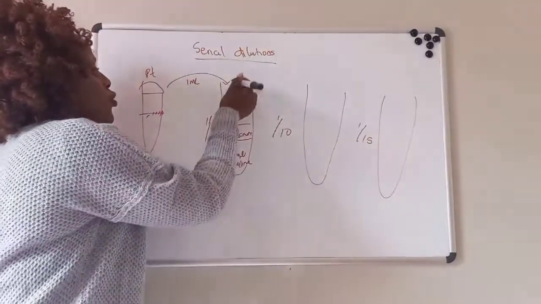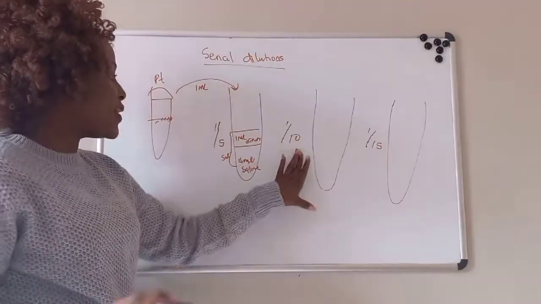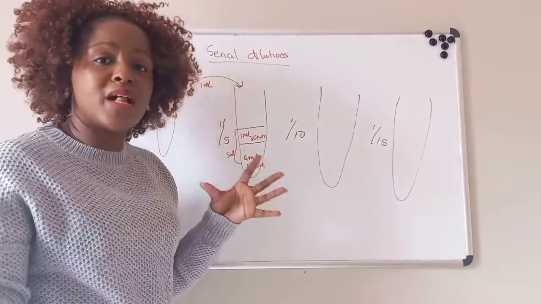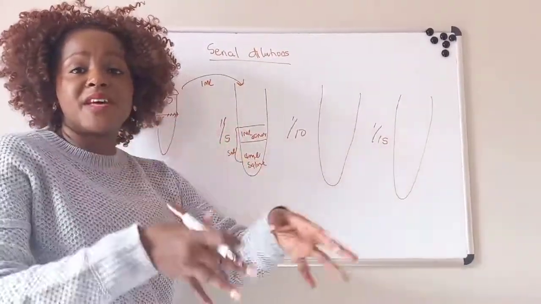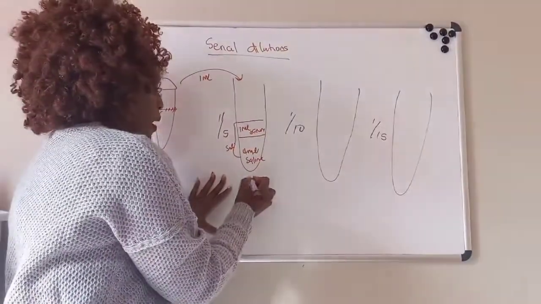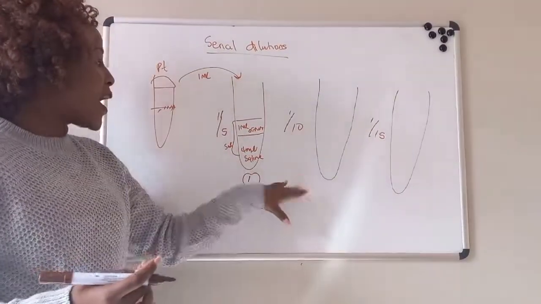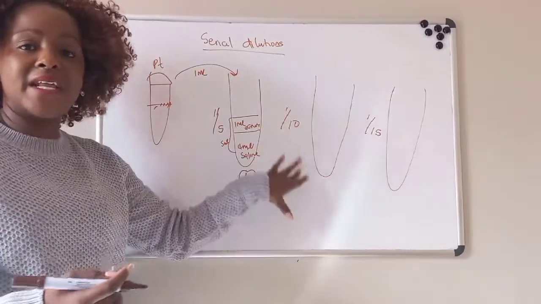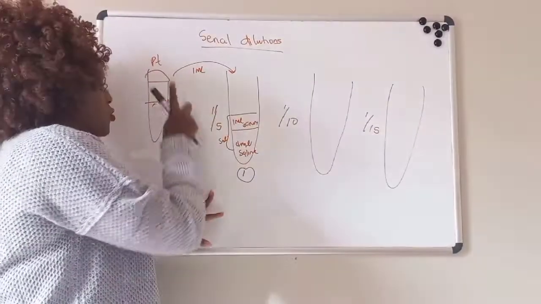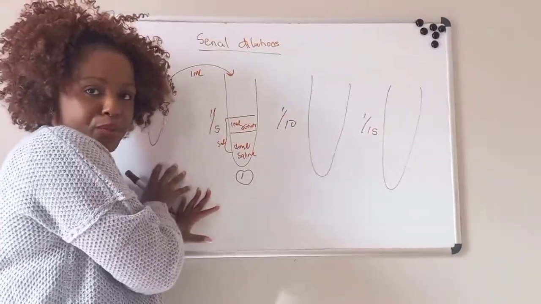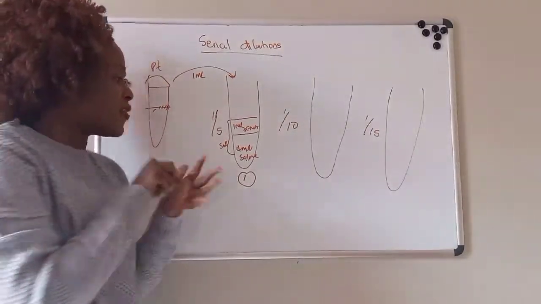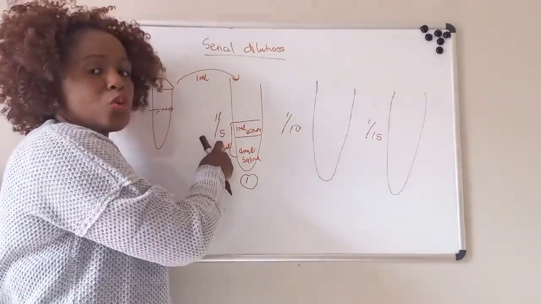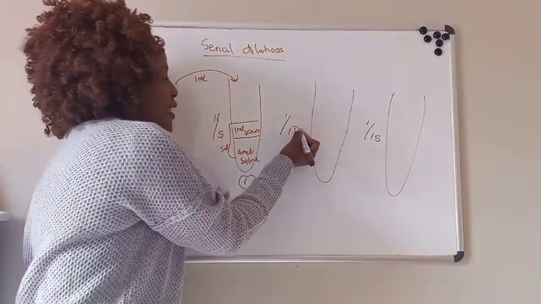So now you need to do a 1 in 10 dilution. The first thing you need to realize is that I already have my first dilution, which is tube number 1, whereby I did a 1 in 5 dilution. So now I need to do a 1 in 10 dilution without going back to the original sample. So what you need to ask yourself is, which number can I multiply with the 5 to give me a 10?